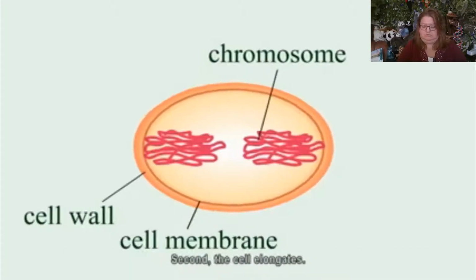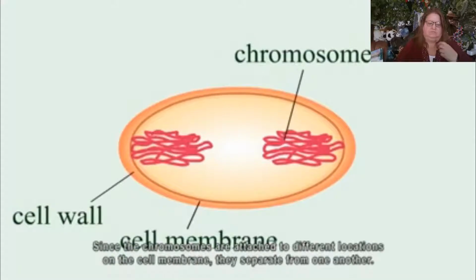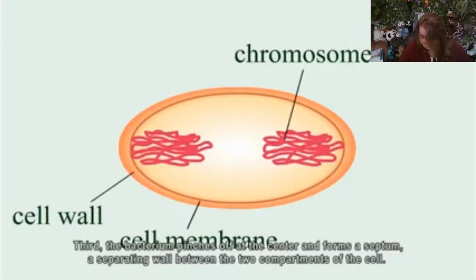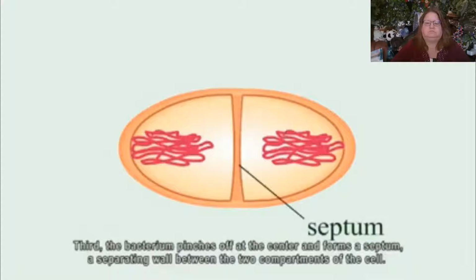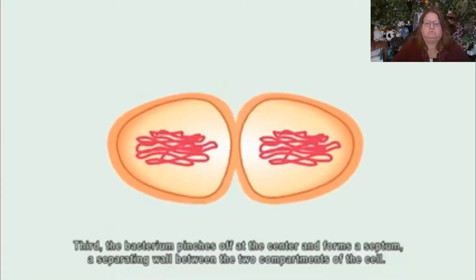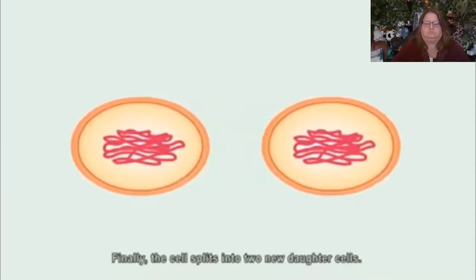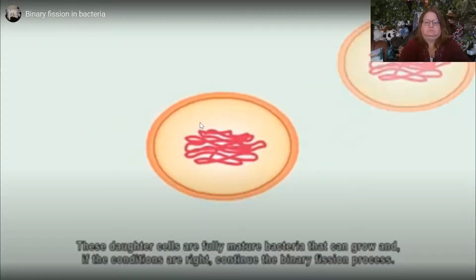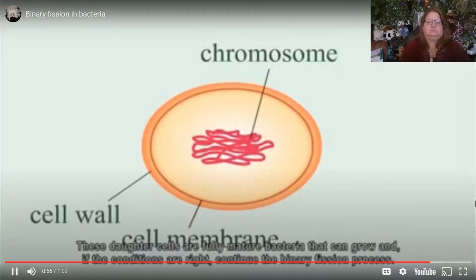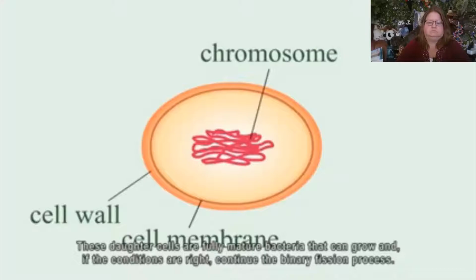Second, the cell elongates. Since the chromosomes are attached to different locations on the cell membrane, they separate from one another. Third, the bacterium pinches off at the center and forms a septum, a separating wall between the two compartments of the cell. Finally, the cell splits into two new daughter cells. These daughter cells are fully mature bacteria that can grow and, if conditions are right, continue the binary fission process.